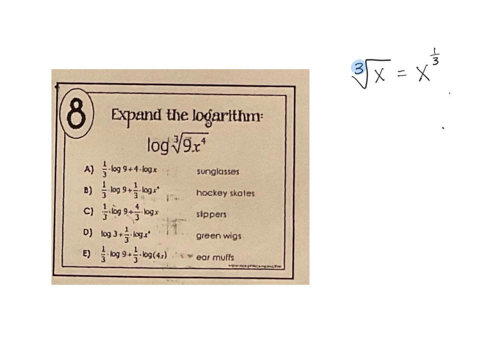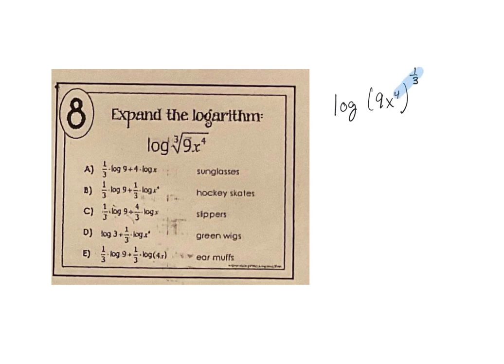So what we're going to do is take this radical and get rid of it by writing the exponent as a fraction. Because even though we don't necessarily like fractions, we like them a lot more than radicals. So let's go ahead and put the 9x to the 4th inside parentheses. And instead of having that radical with the index of 3, we're going to put a 1/3 here. Okay, so remember our power to a power rule means that we multiply exponents.